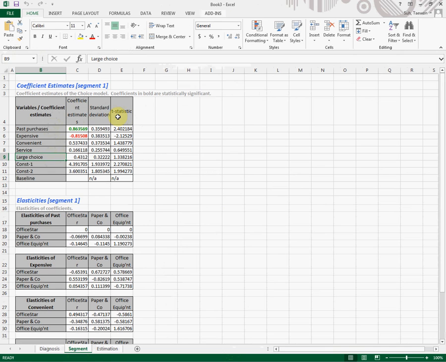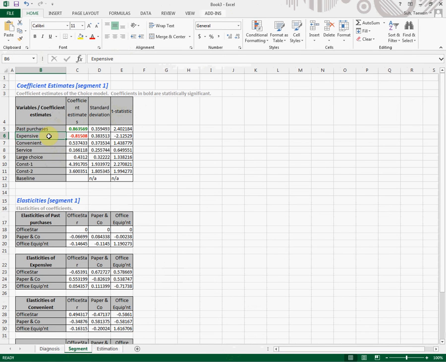We can find the relationship between t and p online. There are a lot of different free tables out there. But anyway, look at the statistics and find values greater than 2. This one and this one, the first 2 variables or first 2 hypotheses are significant. So we can make a conclusion regarding the first 2 variables, and we can say that past purchases influence customer choice.